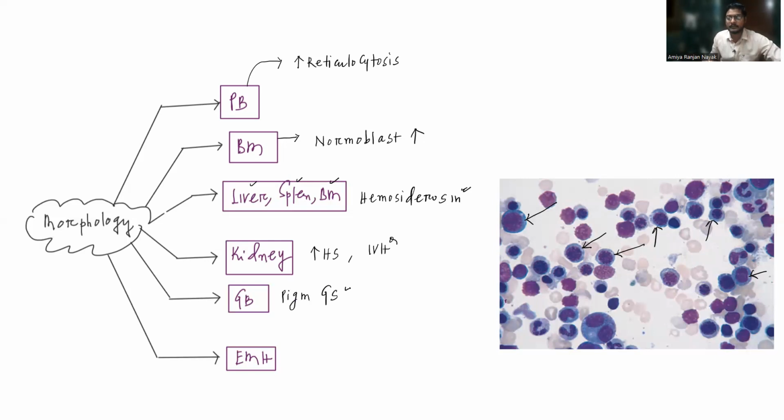And sometimes if there is excessive hemolysis and the bone marrow is not able to compensate for the loss of RBCs, there can be extramedullary hematopoiesis, which usually happens in the liver, spleen, and sometimes in lymph nodes also. Okay, so that's all about the basics of hemolytic anemias. In the next section, we'll discuss hereditary spherocytosis.